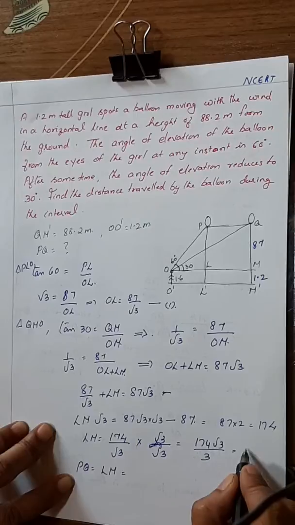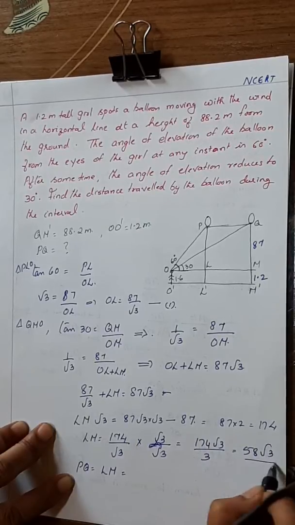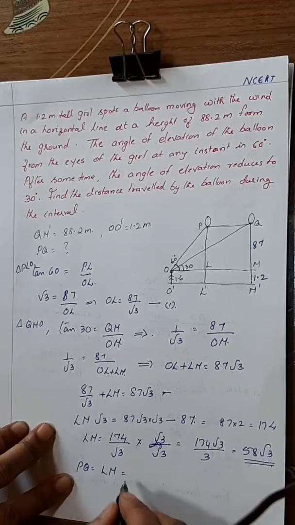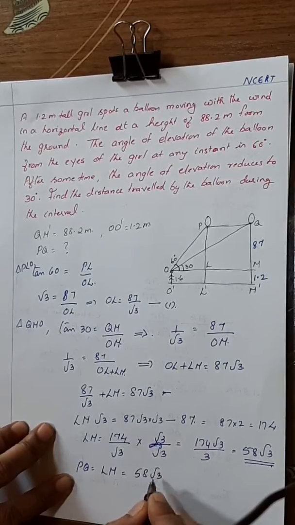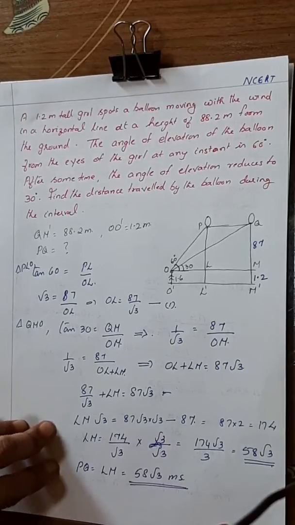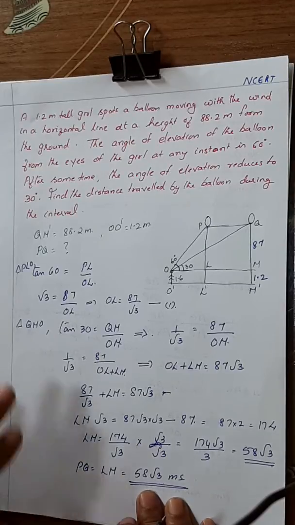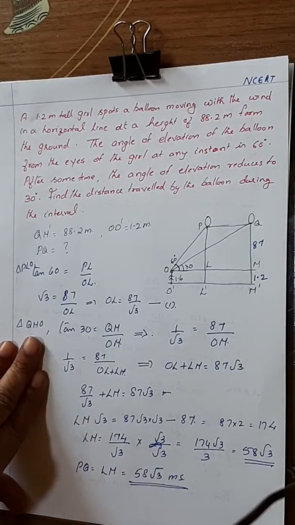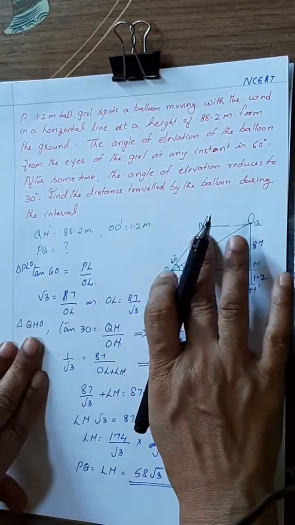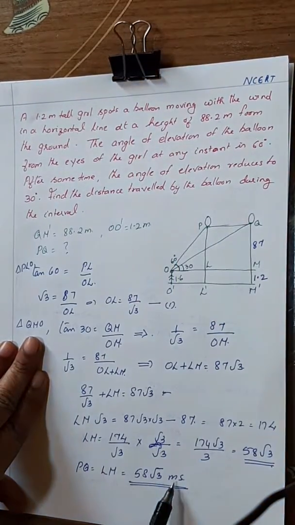So this will become 58 root 3 meters. The value of root 3 as 1.73 is given, then you can multiply and put. Otherwise, if you leave this also, it is fine. So the distance travelled PQ is 58 root 3.